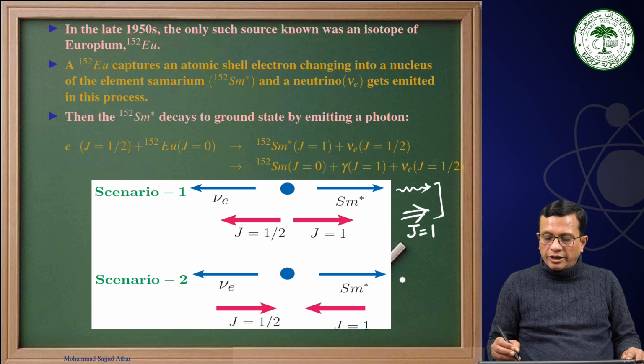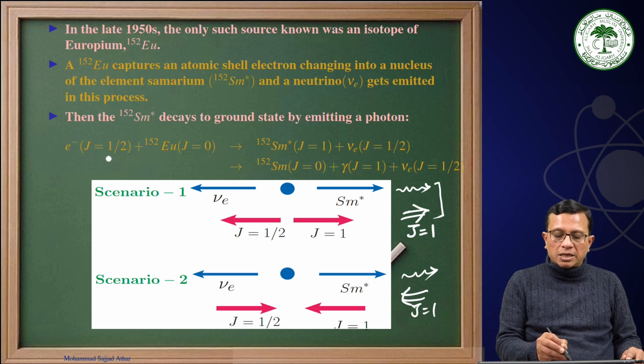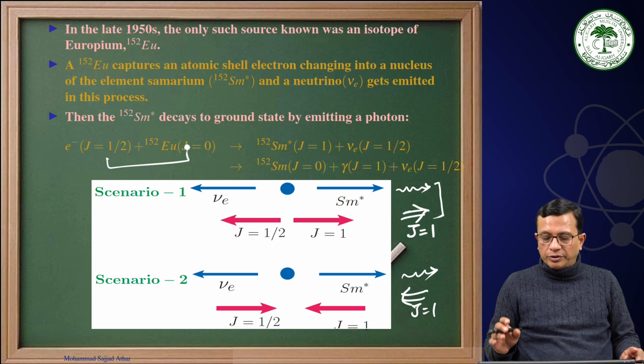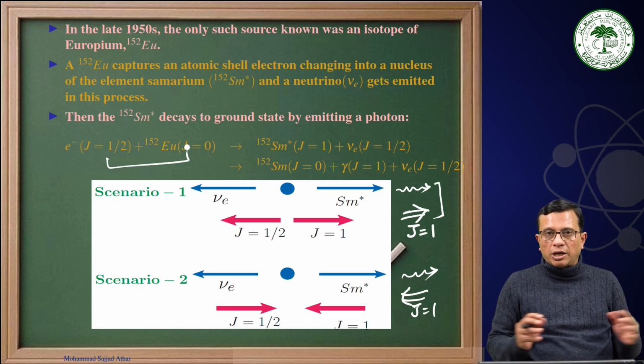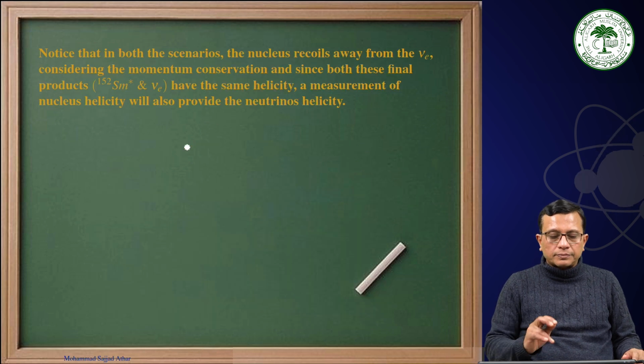Or here, if we talk about the photon getting emitted in this direction and angular momentum being transferred, this is J equal to 1. To conserve, again, the initial state has J equal to half. Therefore, to get J equal to half, these angular momenta should be exactly in the opposite direction.